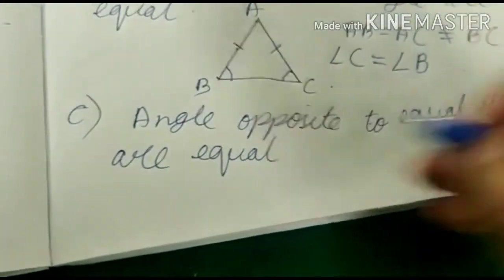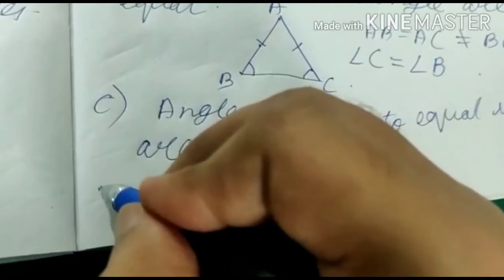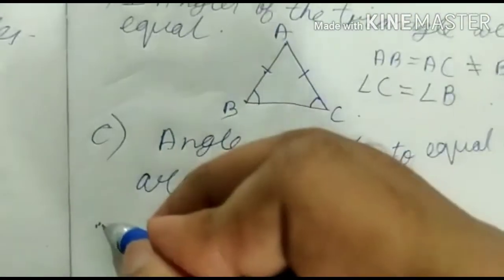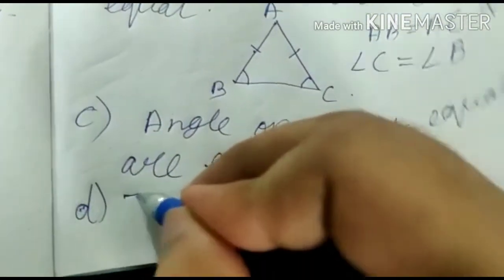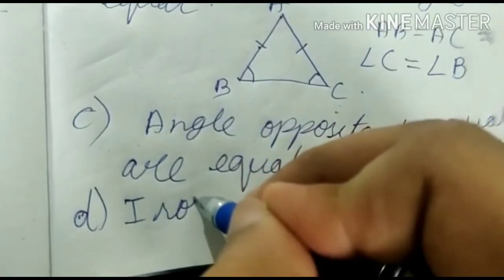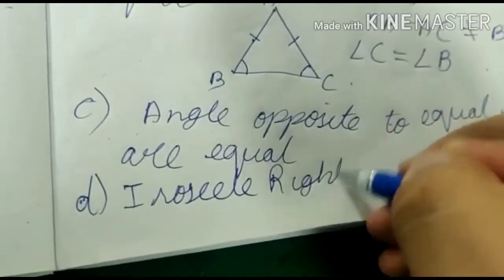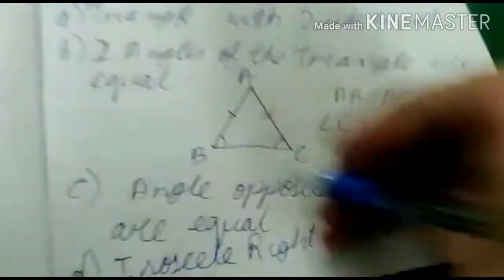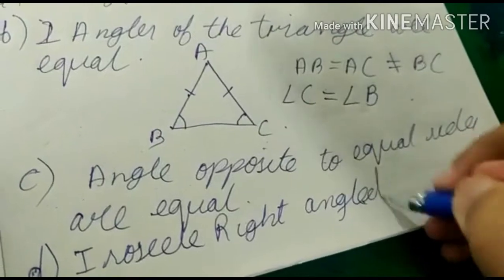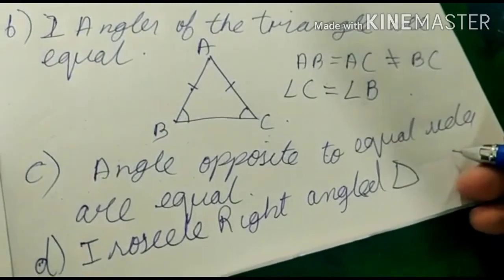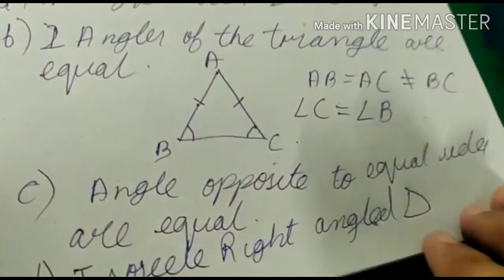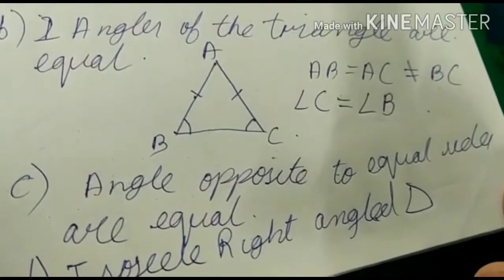We have one more point here. The third point here is the isosceles right angled triangle. What does this mean? That two sides are equal and the third side is unequal.